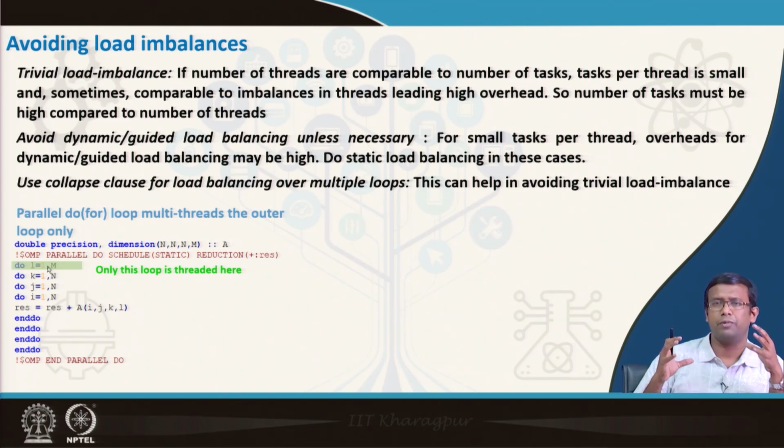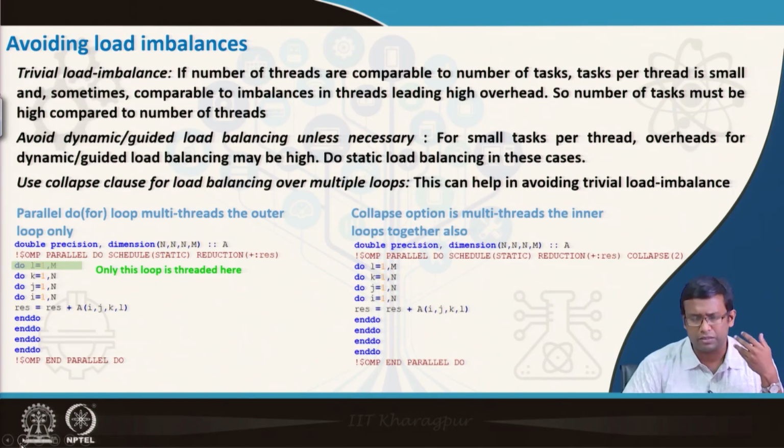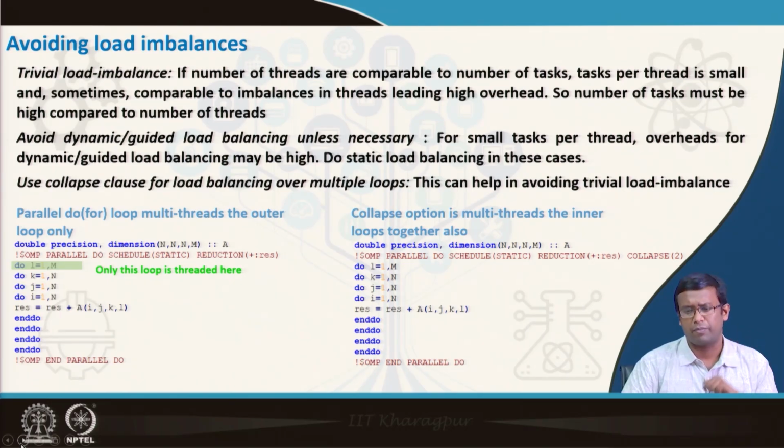The tasks are heavy, and the imbalance can be larger because only the outer loop is threaded. The imbalance is large compared to the given number of tasks.